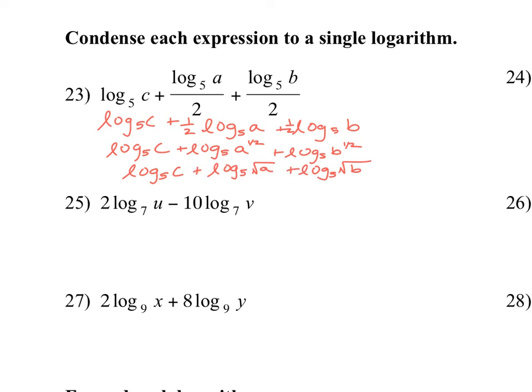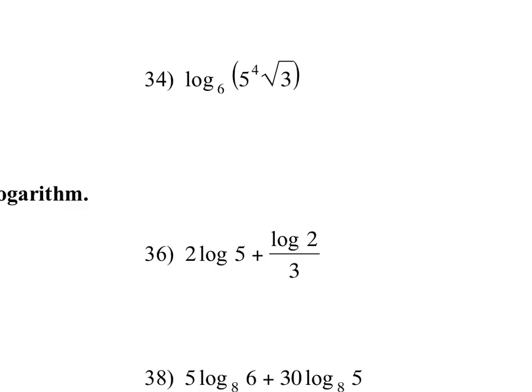So I can use the product property to go ahead and combine these into one logarithm with base 5, where I am multiplying C times the square root of A times the square root of B. And there's my answer. Now here's one that I am going to expand.